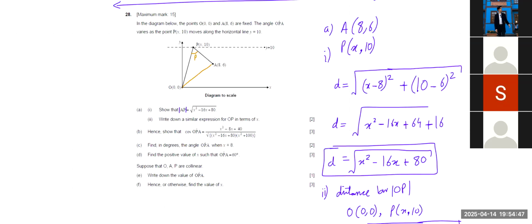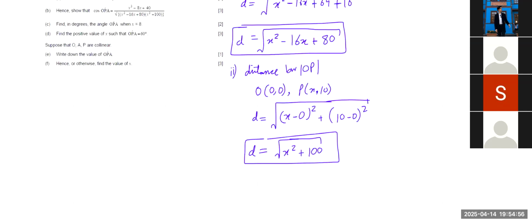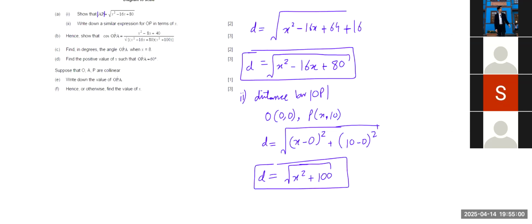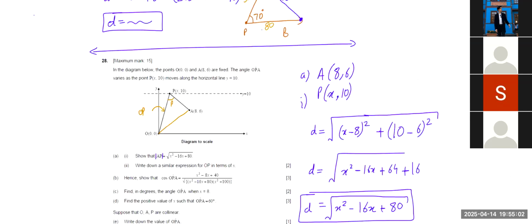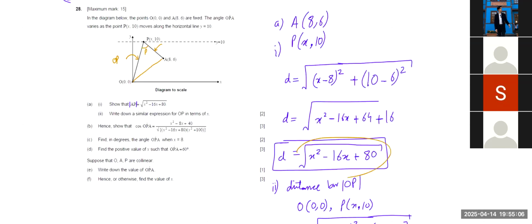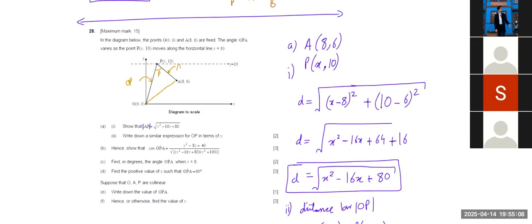While you don't know what it is, you do know an expression for this distance. It is square root of x squared plus 100, so let's call it OP for now. And again, while you don't know what this is exactly, you do have an expression for it. Let's call it AP for now.